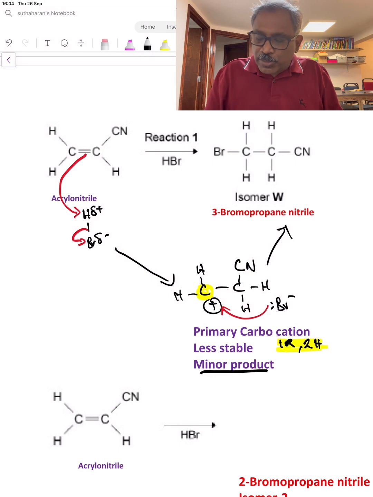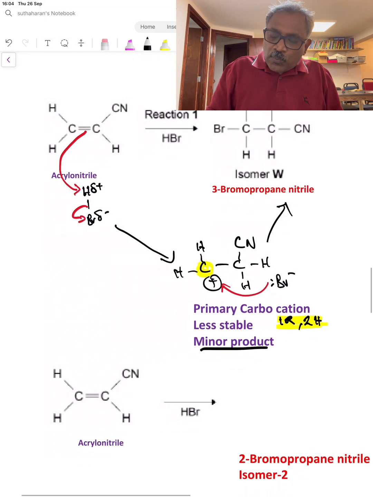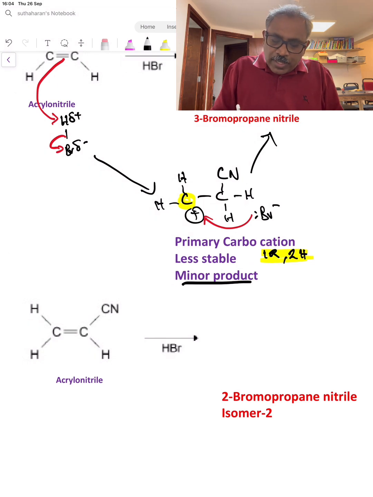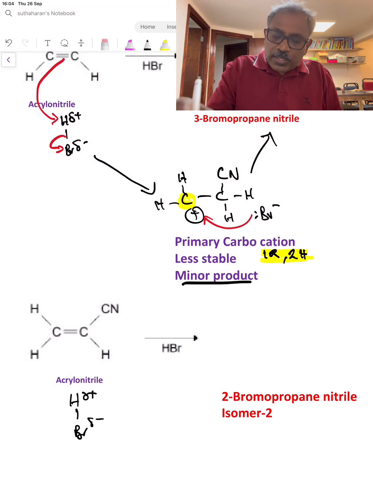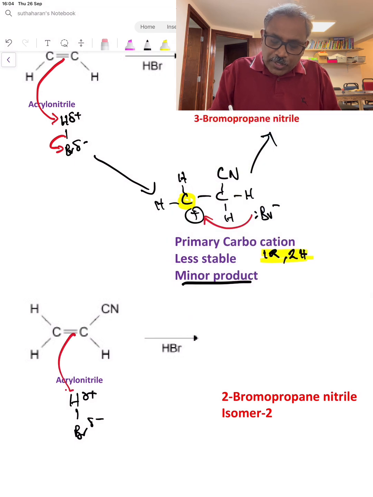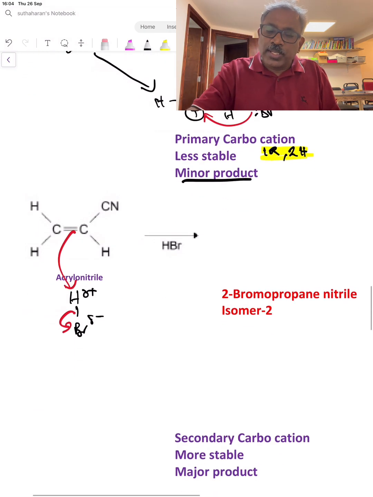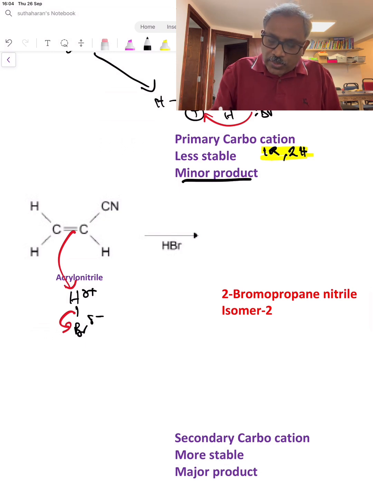So isomer W is the minor product. Therefore, we are expecting to get another isomer when the HBr reacts with your alkene. It produces a secondary carbocation, with the hydrogen going on to the 3rd carbon.